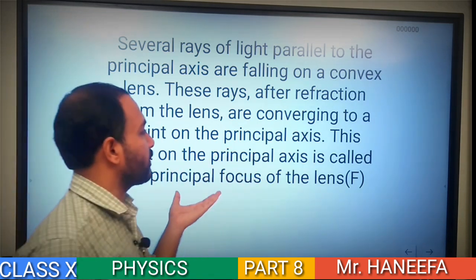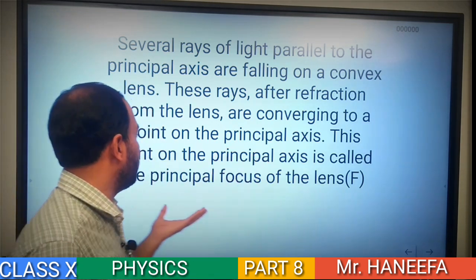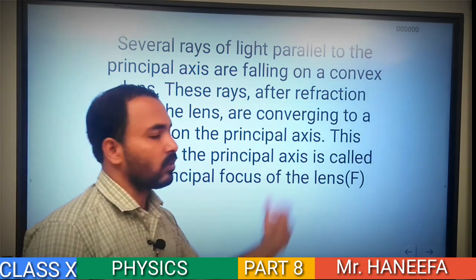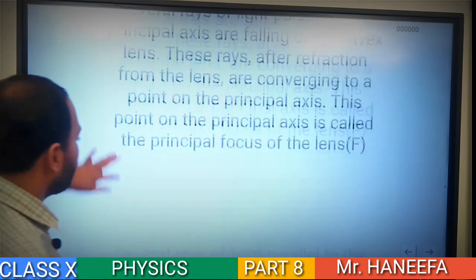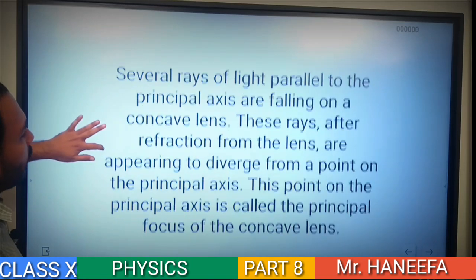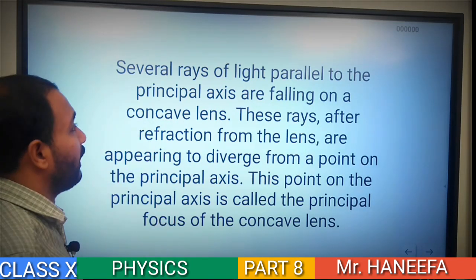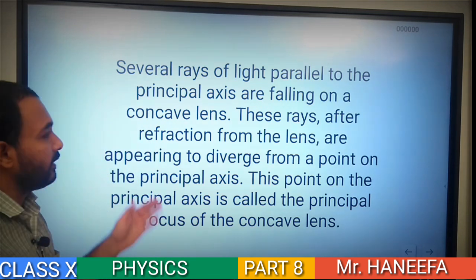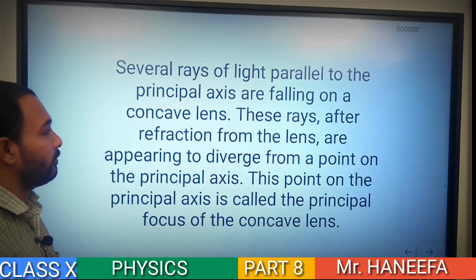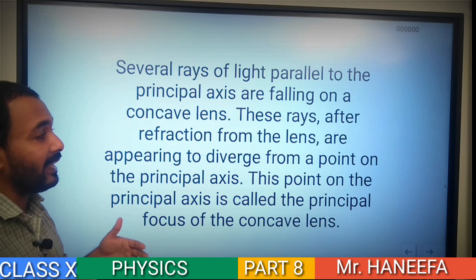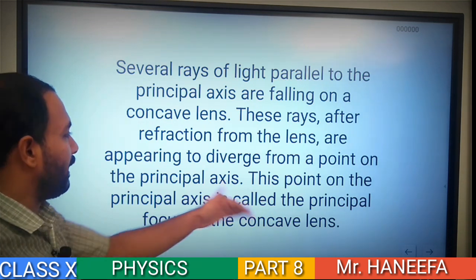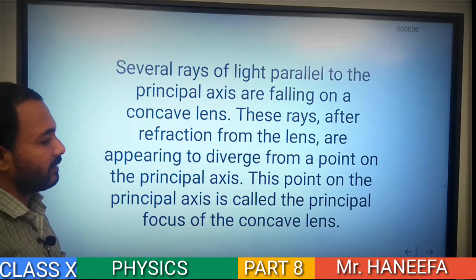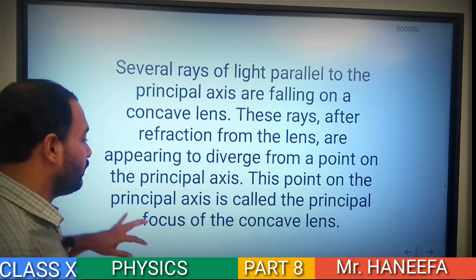This point is called principal focus of the lens. But in the case of a concave lens, several rays of light parallel to the principal axis are falling on a concave lens. These rays after refraction from the lens appear to diverge from a point on the principal axis. This point on the principal axis is called the principal focus of the concave lens.